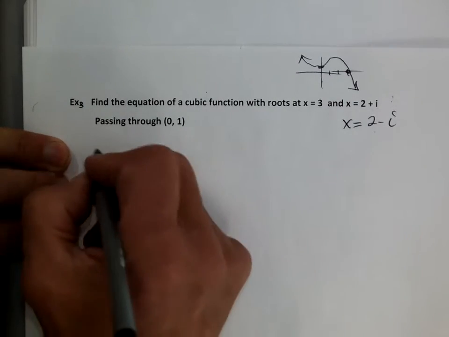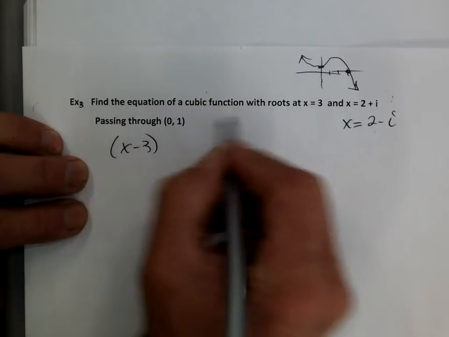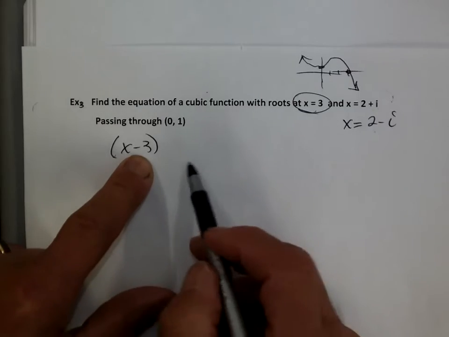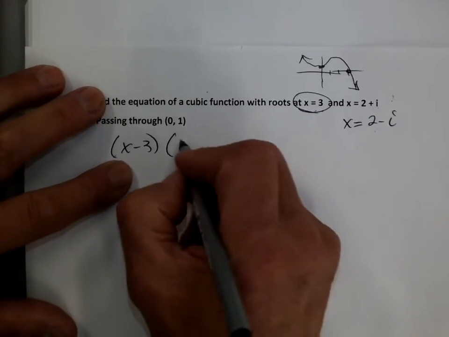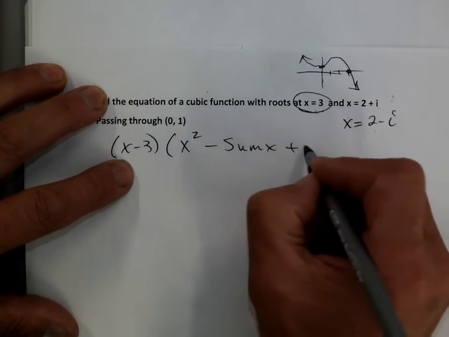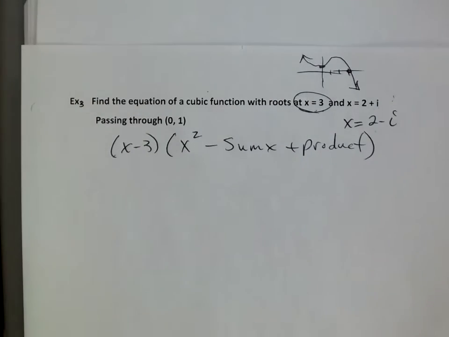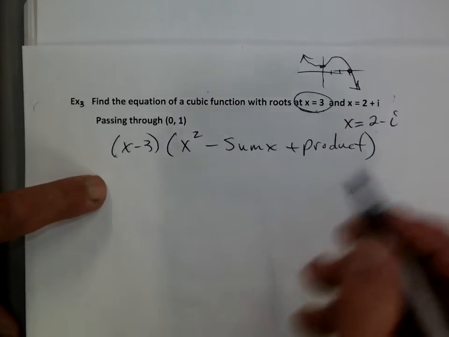So first of all, I'm going to have some x minus 3 gives me my 3 as a mini equation to give me a 0, 3. Now these two, though, I'm going to use my special formula, x squared minus the sum of the roots plus the product. And I'm going to have to then have a sum.